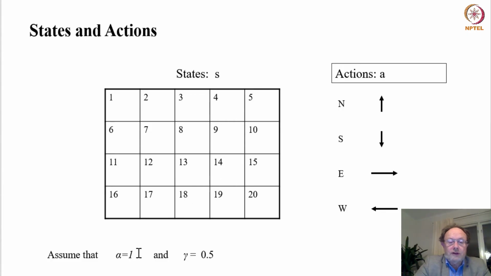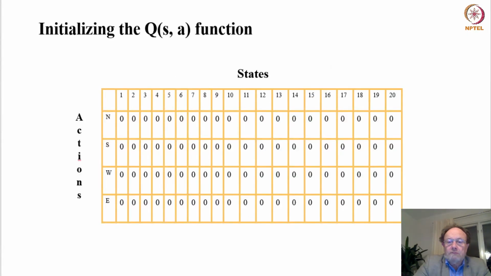For this purpose, the learning rate alpha is set to 1, and the gamma is set to 0.5. Then we have the various actions, which are north, south, east, and west. As I said, the Q function is actually a table.